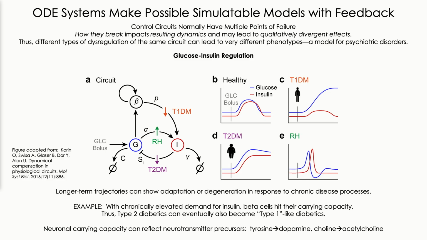So one example here is with type 2 diabetes. If there's a chronically elevated demand for insulin, beta cells hit their carrying capacity. After a certain point, the beta cells are fatigued. They can't keep up with the demand. And as a result, type 2 diabetics can also become type 1-like diabetics.